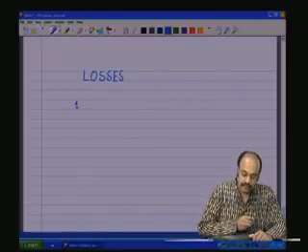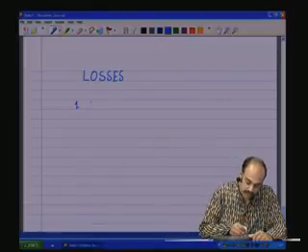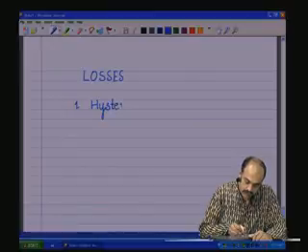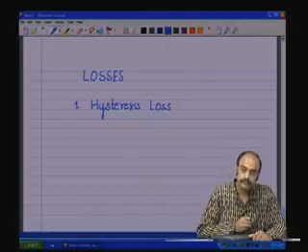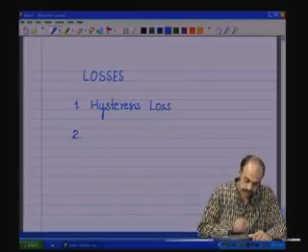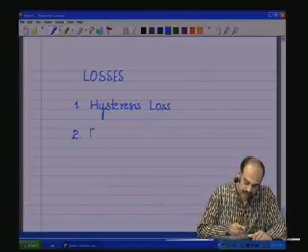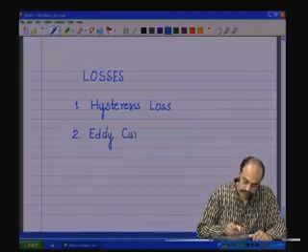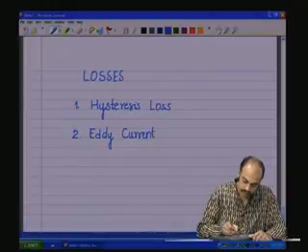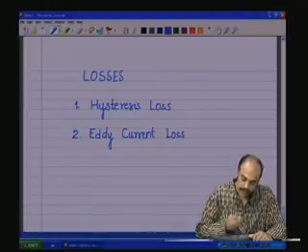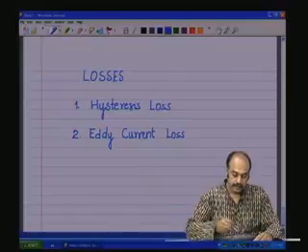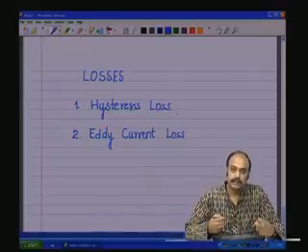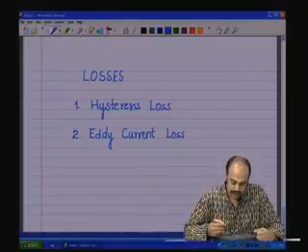One is called the hysteresis loss, the other is called the eddy current loss. These are the two losses that occur within the transformer.